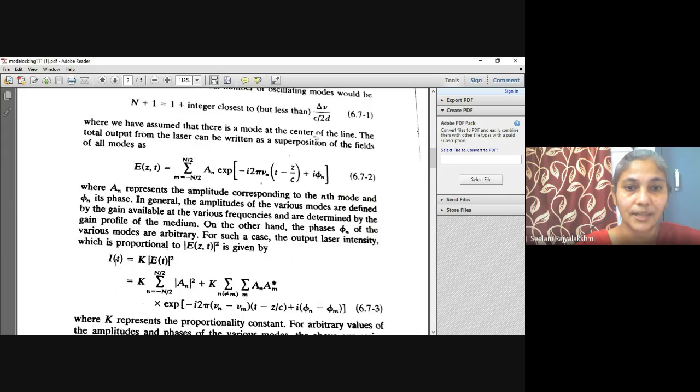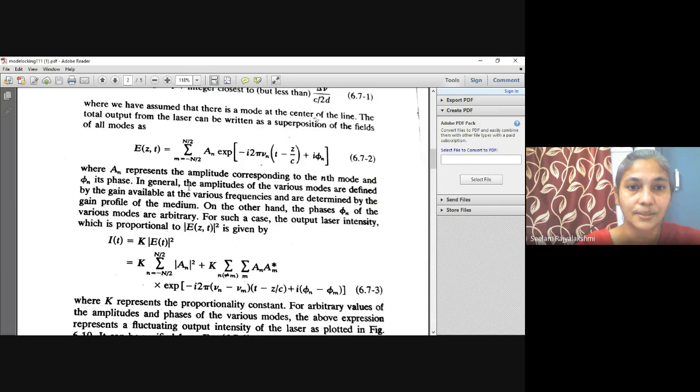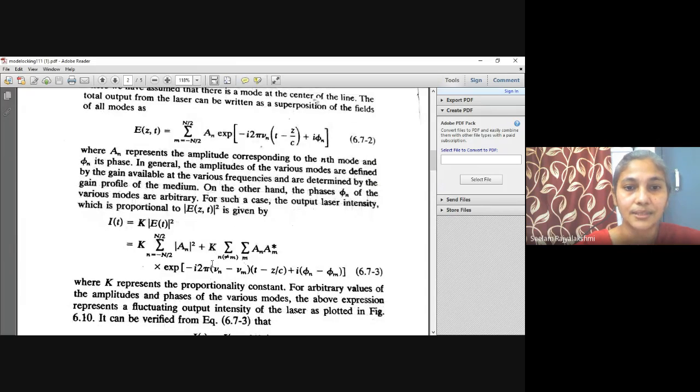So intensity can be given as K mod E of t whole squared, where K is the proportionality constant. Expanding, it is the sum over n of mod a n squared, plus K times the sum over n not equal to m of a n a m asterisk, times exponential of minus i 2 pi nu n minus nu m times t minus z by c, plus i phi n minus phi m. For arbitrary values of the amplitudes and phases of the various modes, this expression represents a fluctuating output intensity of the laser.